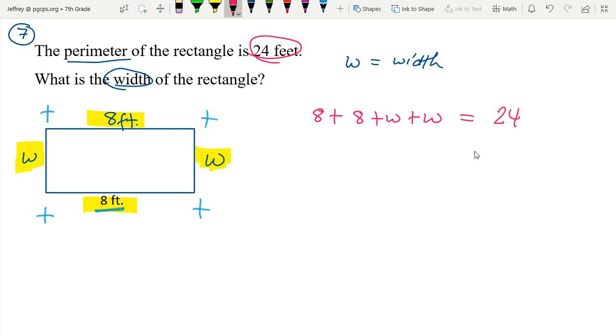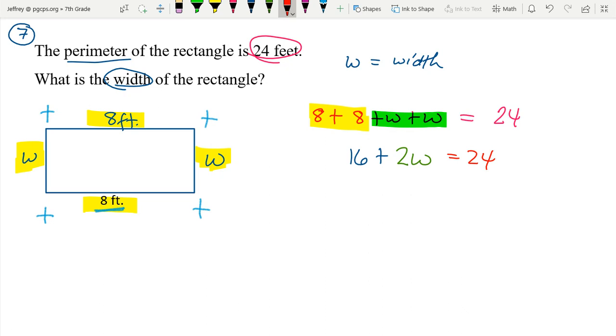So 8 plus 8, let's simplify, combine like terms. 8 plus 8 gives us 16. Plus, what other like terms do we have? W plus W. How many W's do we have now? We have 2 W's, which is equal to 24. Now let's apply the two-step equations. What should we do first?